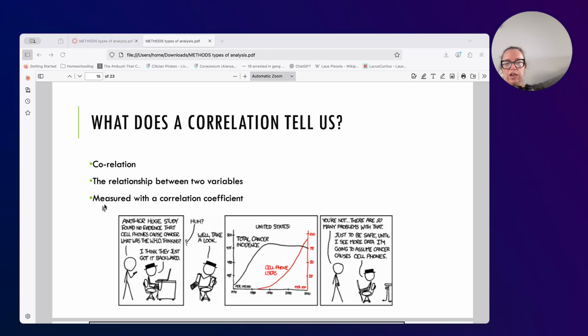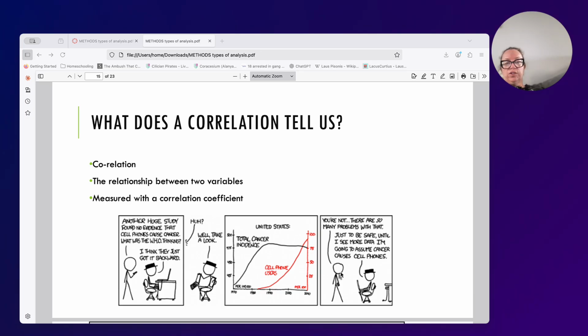If you're a stats nerd, you might appreciate this comic, about an issue that happens all the time. People attribute correlations to two variables where the actual thing correlating with both of those variables is time, that things change over time. So we have cancer incidence rising and cell phone usage also rising.